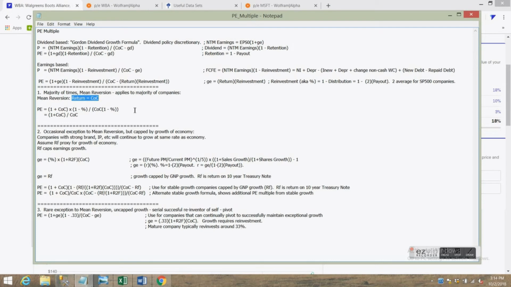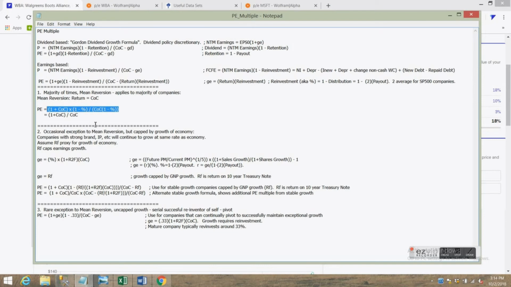If they are, then in theory the competitors would step in and drive that return down to the cost of capital. Well, if we assume the return is cost of capital, you can plug in cost of capital. Now you get a common term of cost of capital, and it factors out, and you end up with this formula here.